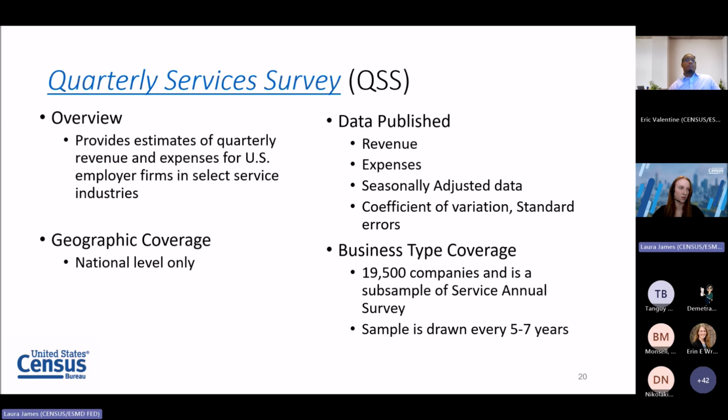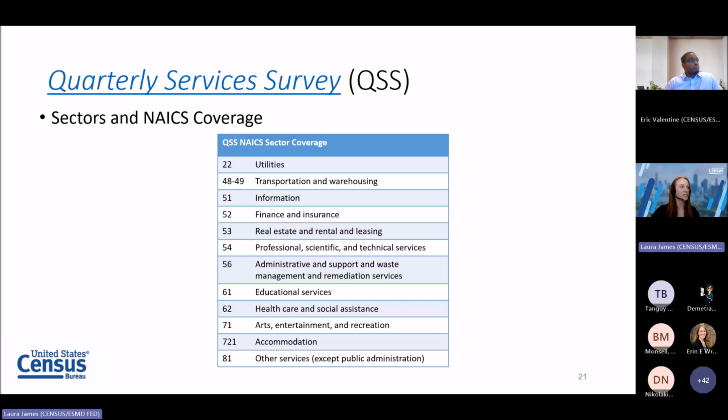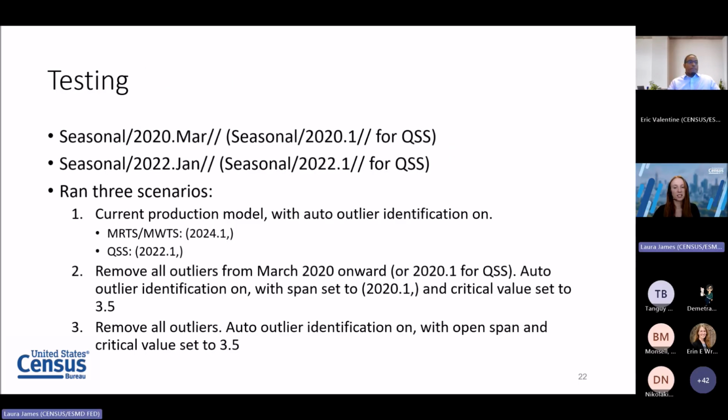And this one consists of about 19,500 companies, and it's a subsample of our service annual survey. And like the others, we redraw that sample every 5 to 7 years. This is a slide of the NAICS coverage for QSS, and you can see there's a lot more here than the other 2 surveys. For the testing, I looked into 2 different change of regime regressors.